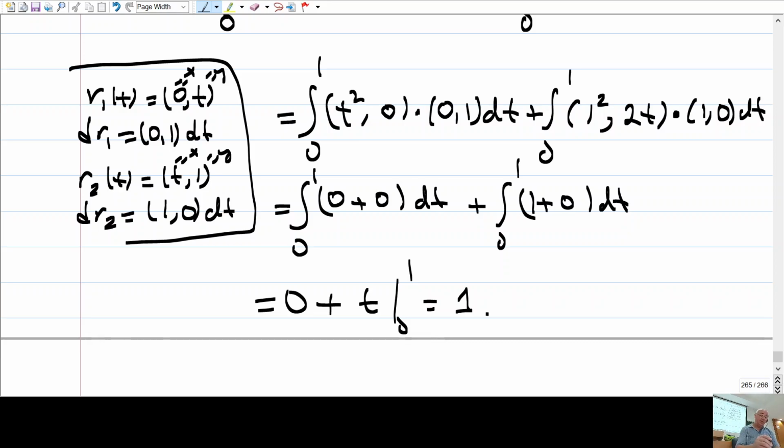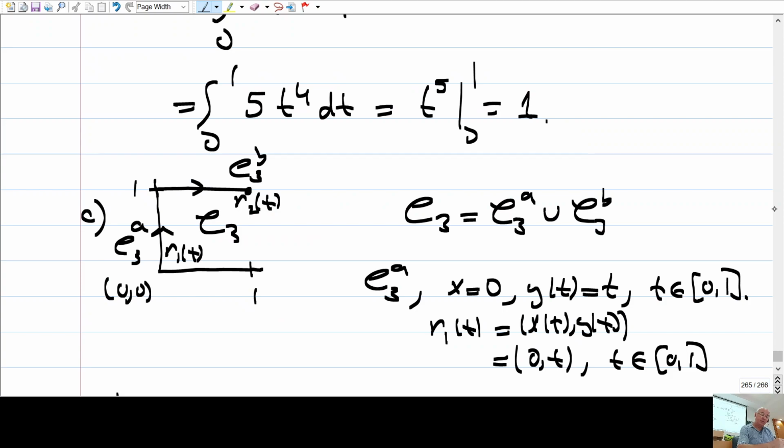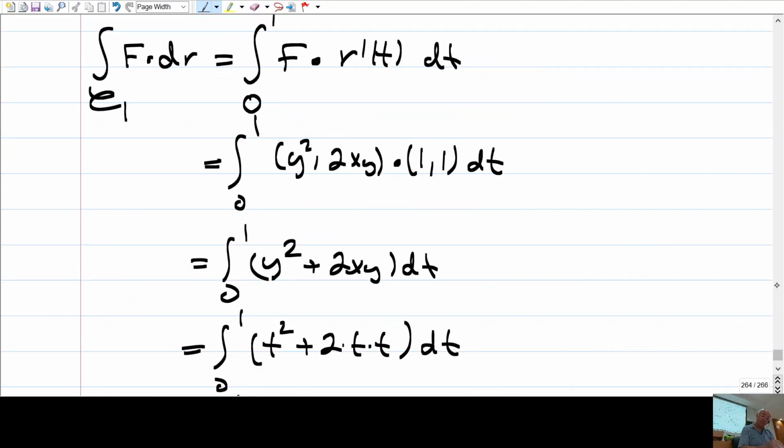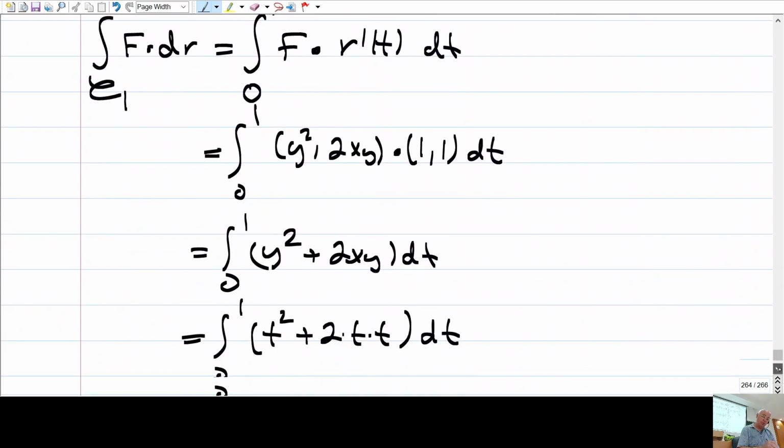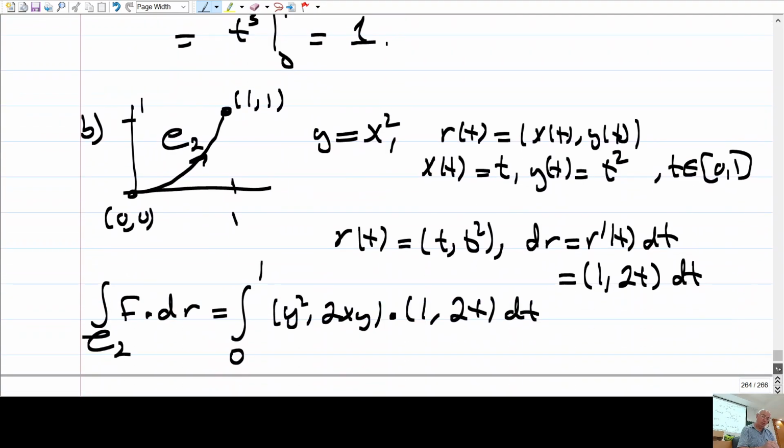So what we have seen is that we have computed the work done by the same force along different paths, and along each path we obtain the same amount of work, which is 1 unit, right? Each work is just 1 unit.